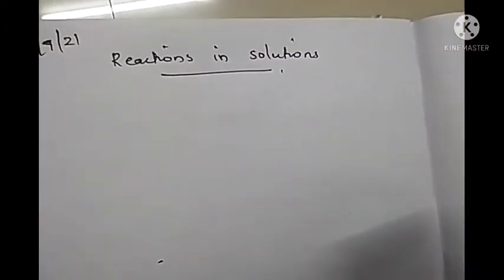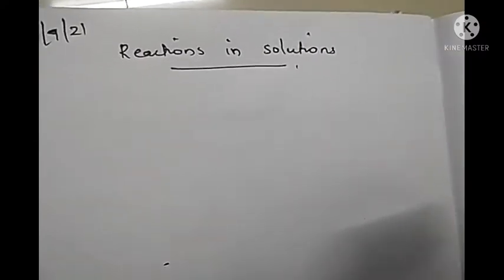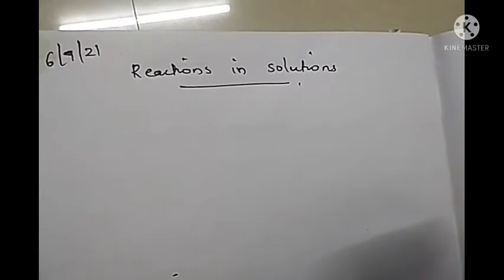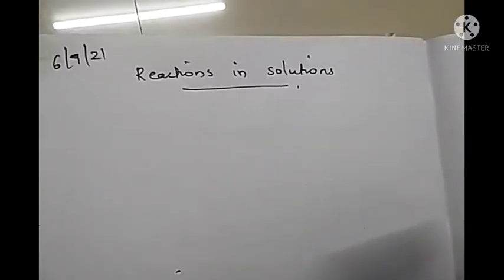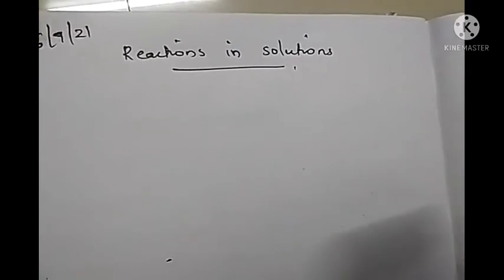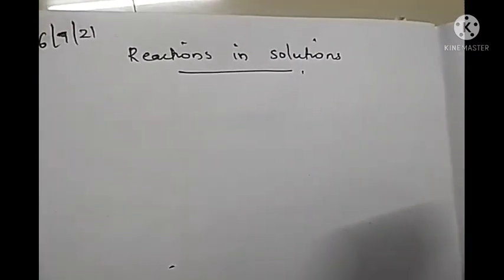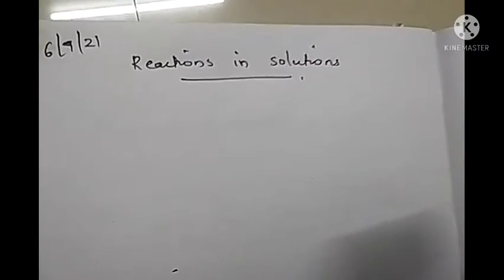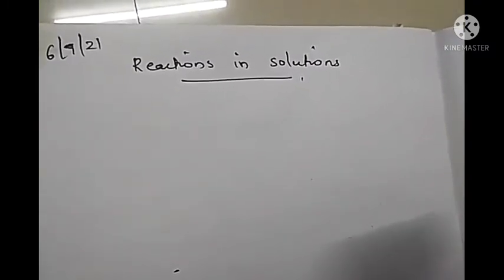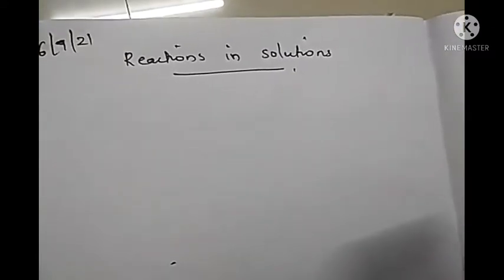In the previous class we discussed stoichiometry calculations, that is, the amount of reactants and products we can calculate from the balanced equation. But in normal cases most reactions are carried out in solutions. If the reactants are in the solid state, the rate of the reaction will be very slow.